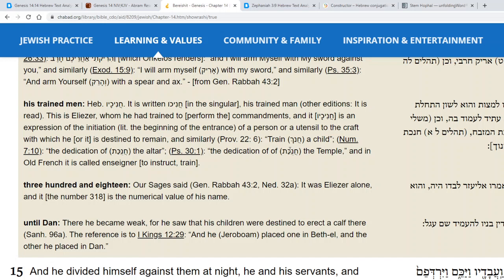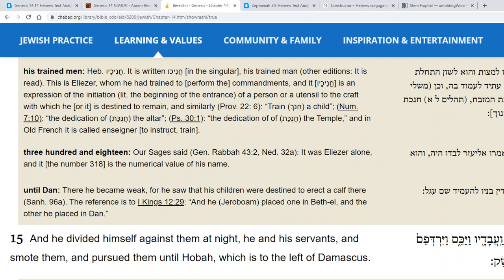Which means to dedicate the temple. Chanukat habayit, Chanukat hamizbeach, right? And he gives an old French, right? Yeah, so he's saying that Chanukah also has the same thing.